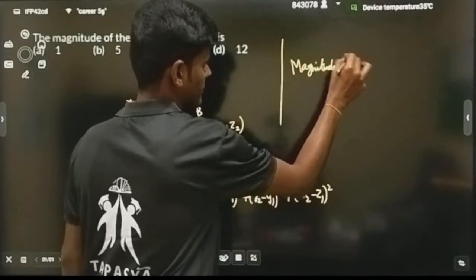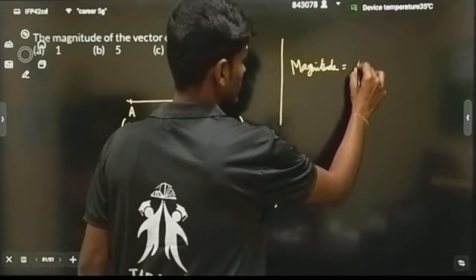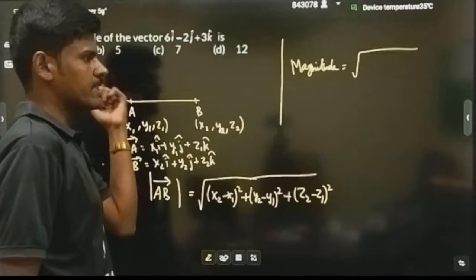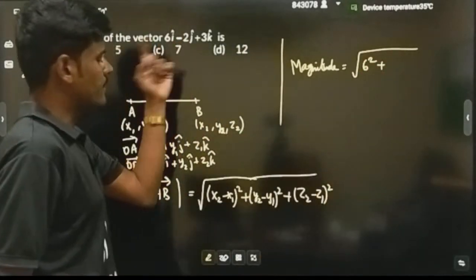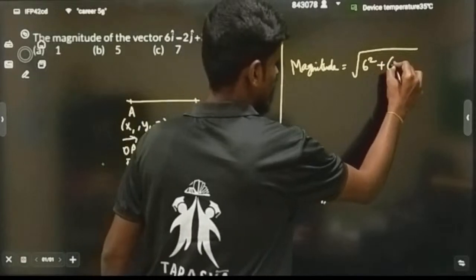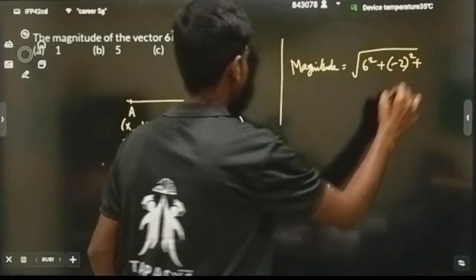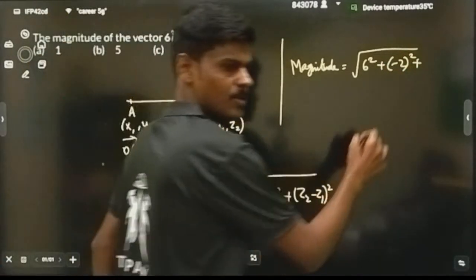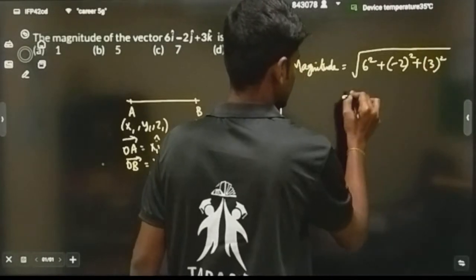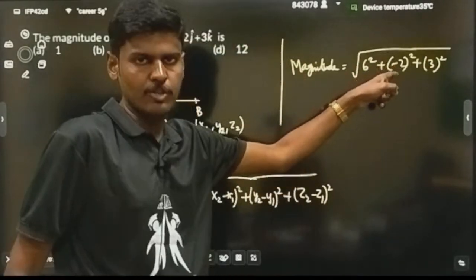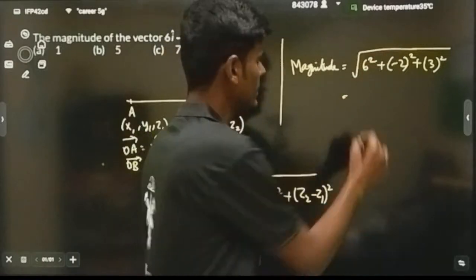Magnitude of the vector is given by the square root of (6 minus 0) whole square, that is 6 square, plus (minus 2 minus 0) whole square, plus (3 minus 0) whole square, that is 3 square. Now what is the answer? This is 36 plus 4, 40, plus 9, 49.